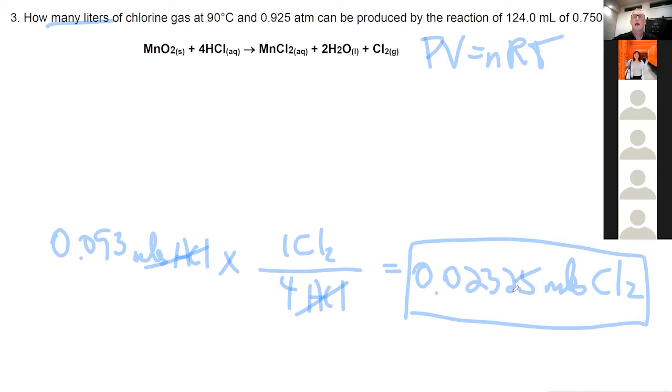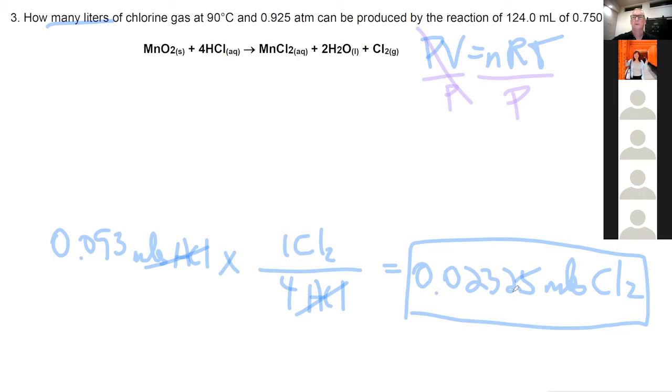So what am I going to do with PV=nRT in order to solve for volume? Divide P to both sides. Yes. So now V is going to be equal to nRT over P. And what's n again?